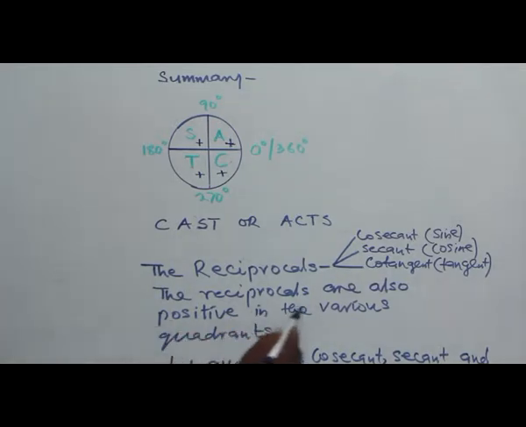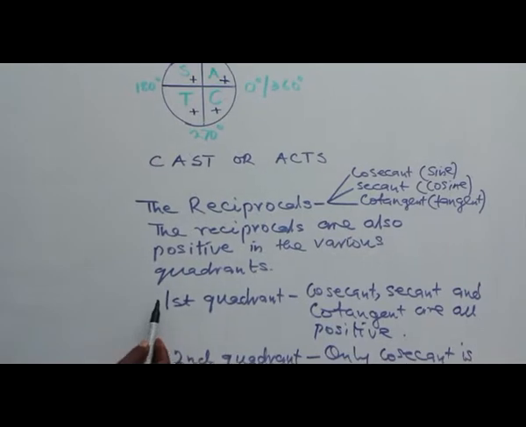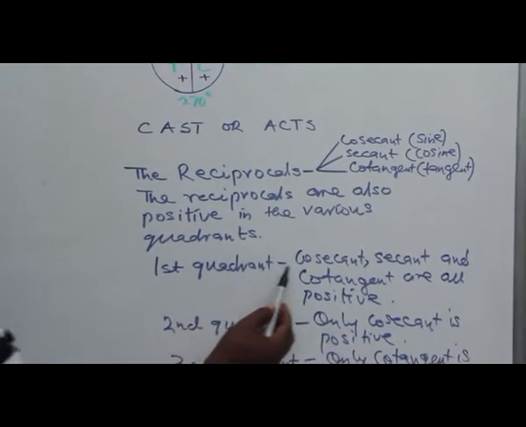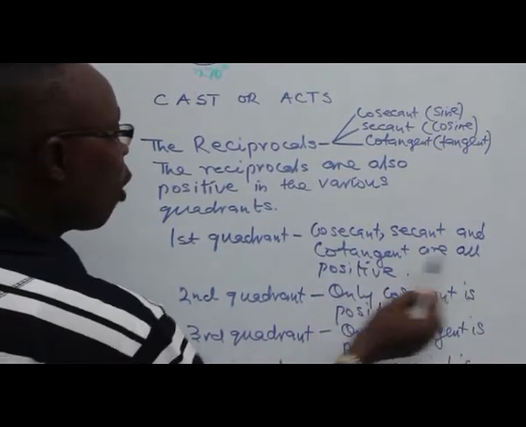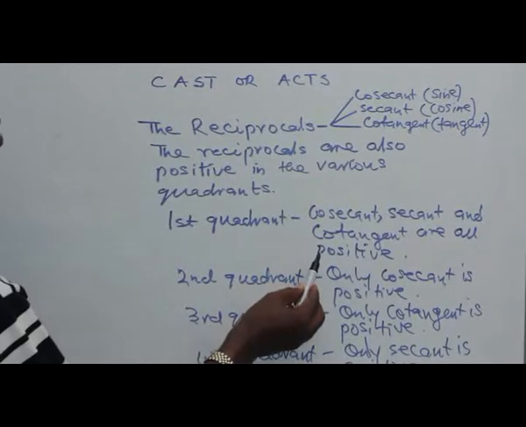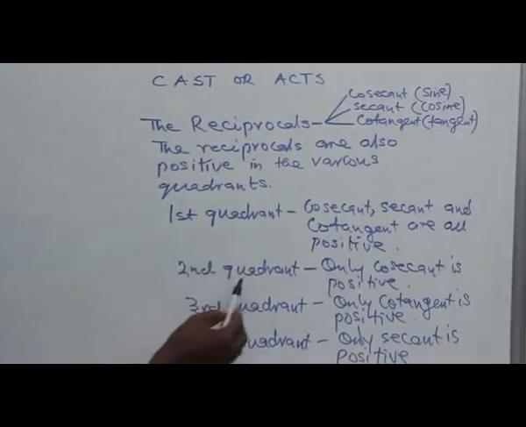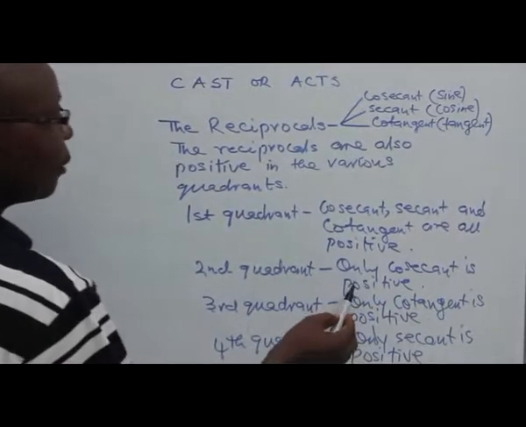Now the reciprocals are also positive in the various quadrants. What do I mean? For the first quadrant, cosecant, secant, and cotangent are all positive, just like sine, cosine, and tangent. In the second quadrant, only cosecant is positive.